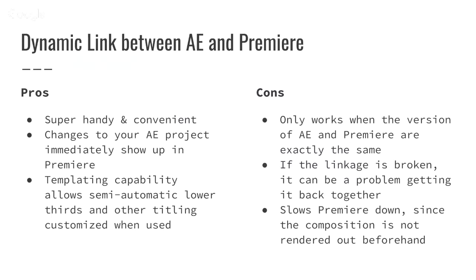So it does a lot of nice little behind the scenes sleight of hand to automatically set you up to replace one media clip with a comp inside of After Effects. That is all things that you can do by hand as well. You do not have to use Send to After Effects to be able to take advantage of that. That is just what that little menu does for you. So it's super handy and it's convenient.